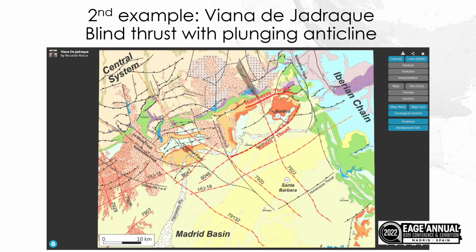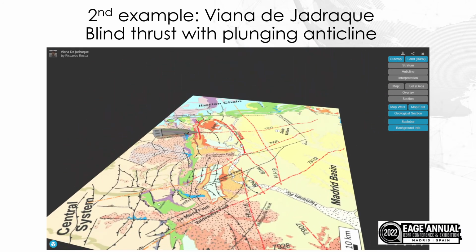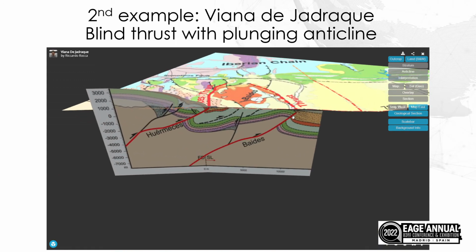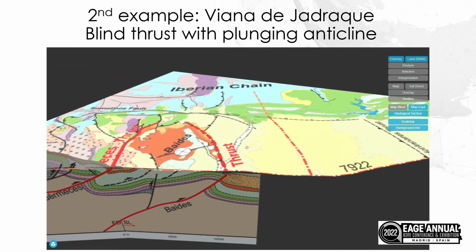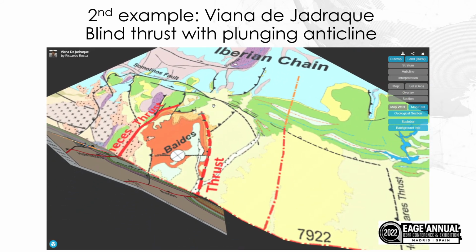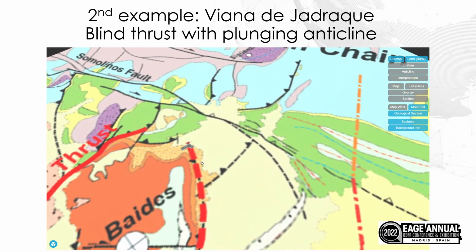So now let's review all these elements with a second example. We start with the general map again, and we switch to the cross section, but this time we focus on the bias thrust. And we have an outcrop right at the tip of this fault trace.